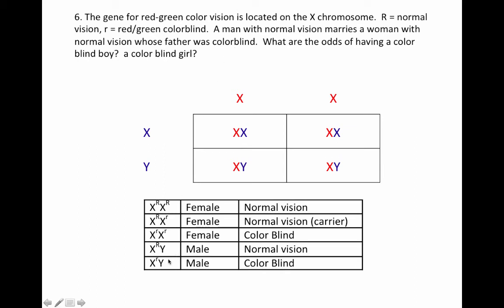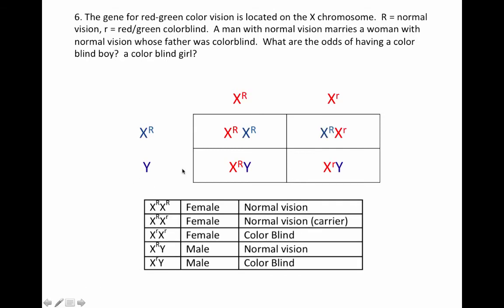So her father had to be X little r Y. And because she's XX, and she got one of her X's from her mother, the only thing that she could have gotten from her father was this X here, X little r. So we know she has to be a carrier because of this. Because if she got the Y chromosome from her dad, she would not be a she, she would be a he.